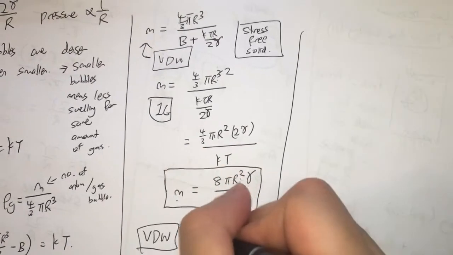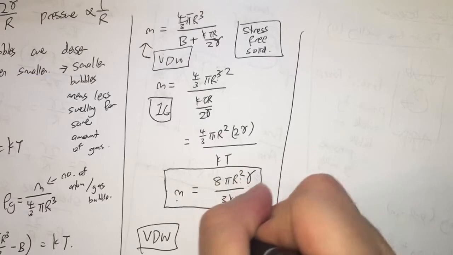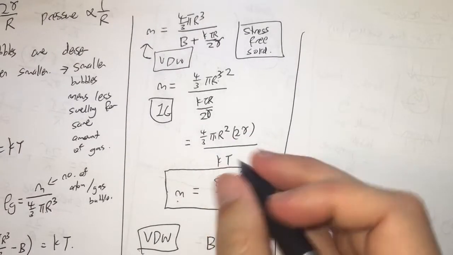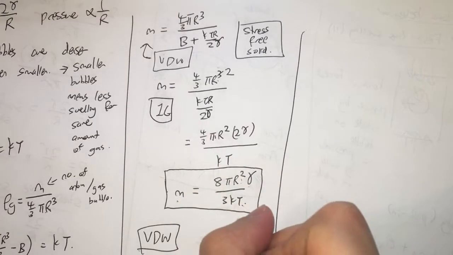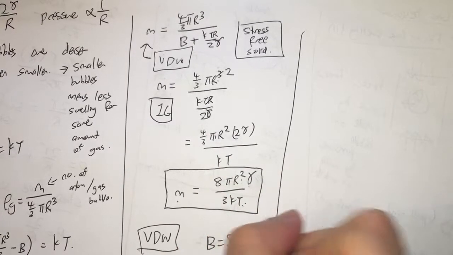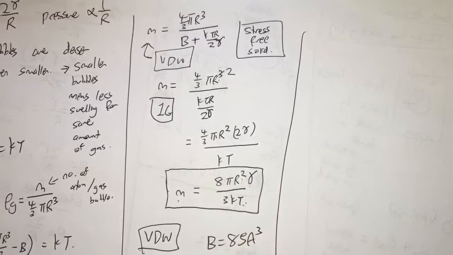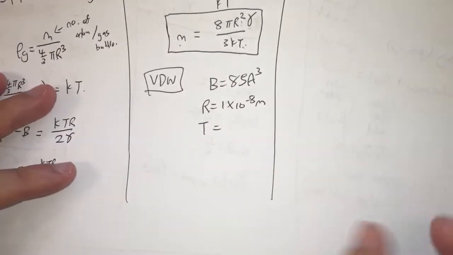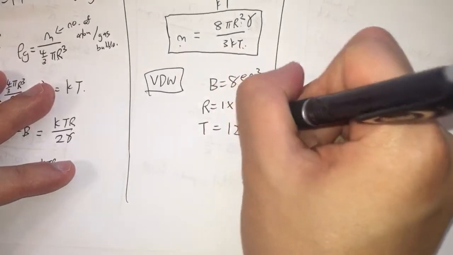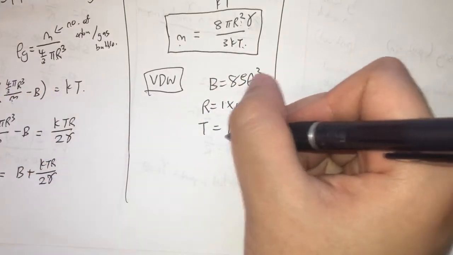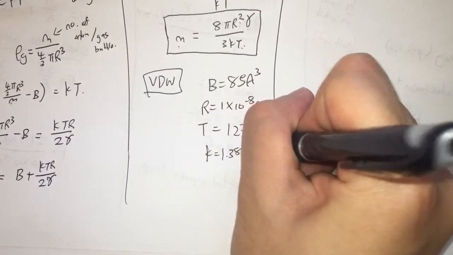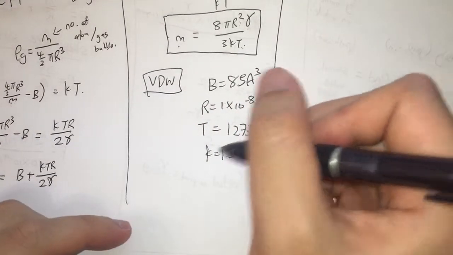Anyway, let's substitute the values we previously discussed for the van der Waals case and the ideal gas case, and see how much the effect is. Remembering that B equals 85 angstrom cubed, R equals 110 times 10 to the minus 8 meter, T equals 1273 Kelvin, that's at 1000 degrees C, and k equals 1.38 times 10 to the minus 23 in SI units.